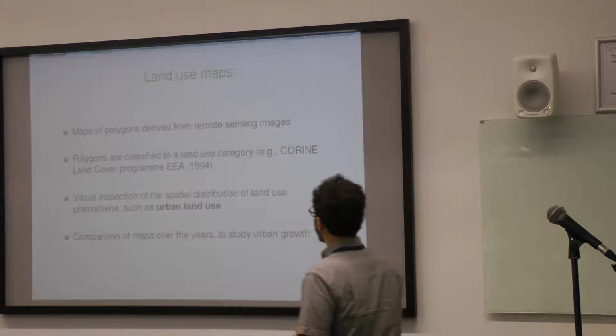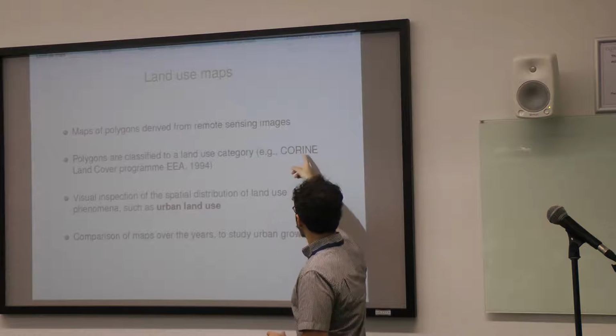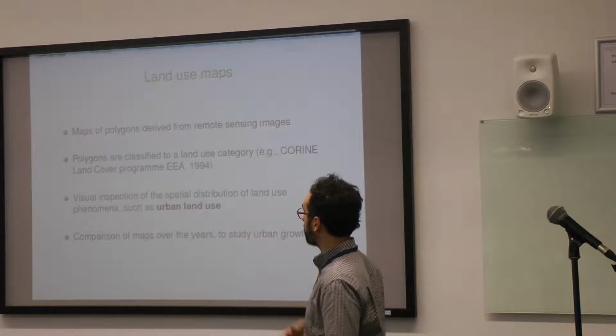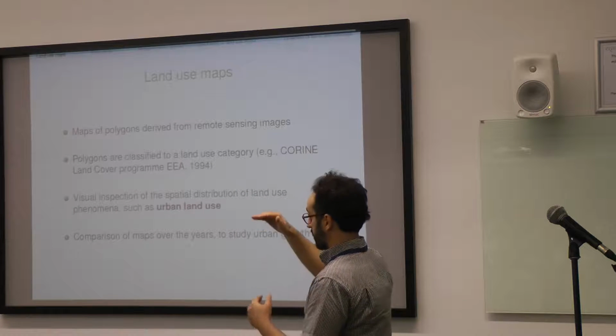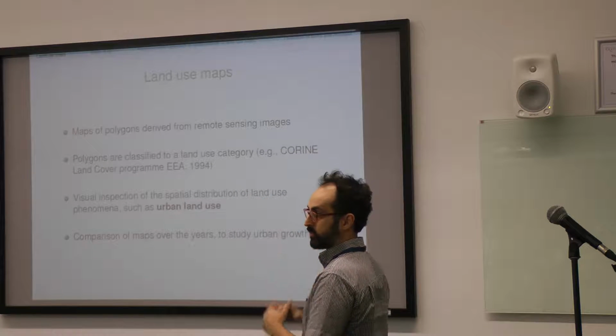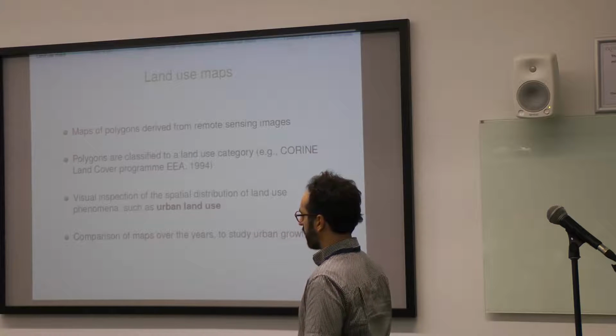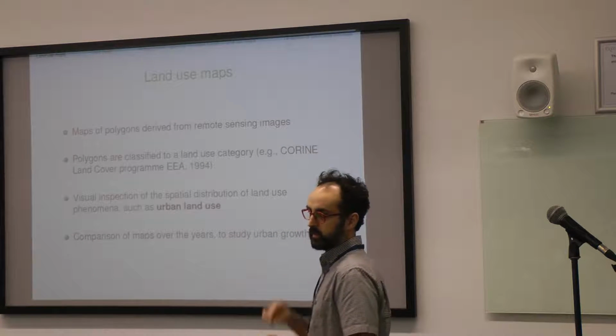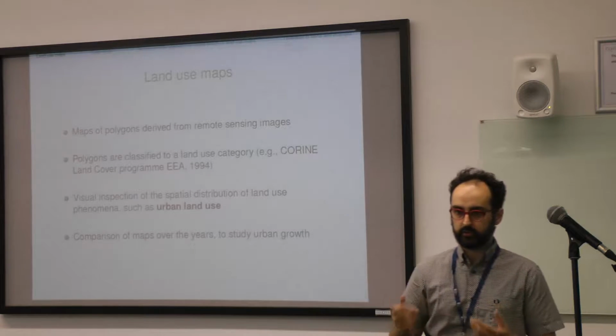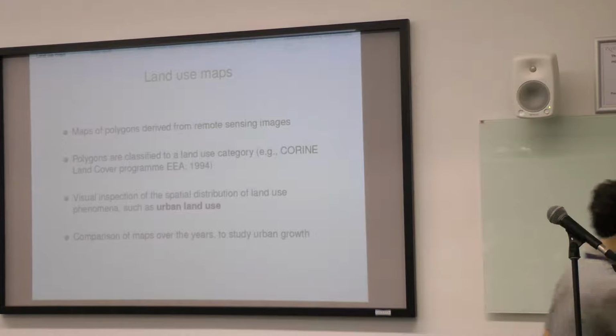There is one very popular classification standard, the one introduced by the CORINE Land Cover program of the European Environment Agency, to classify polygons. There are, I think, more than 40 land use type categories that you can assign to polygons, so it allows you to create very rich maps.